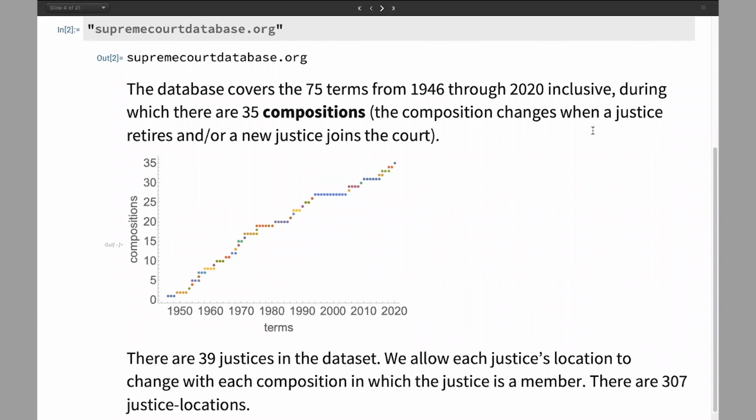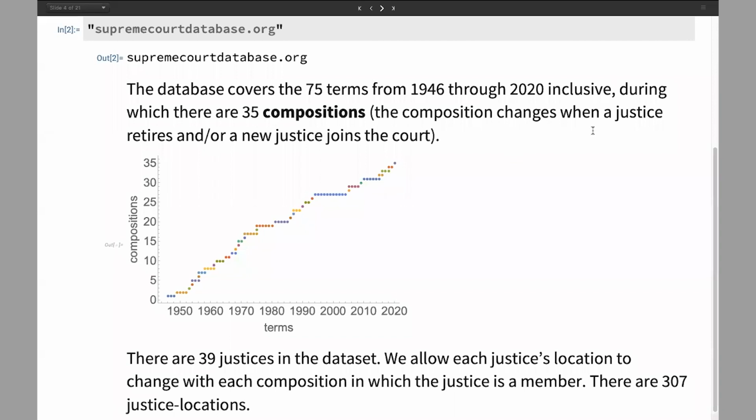You can see some of them are very short. In fact, some of them, I believe, are less than one term and may have only a very few votes associated with them. And some of them go on for more than 10 years, or roughly 10 years. Some of the terms themselves, as you can see if you look carefully, have multiple compositions. So it is a bit of a different dividing up.